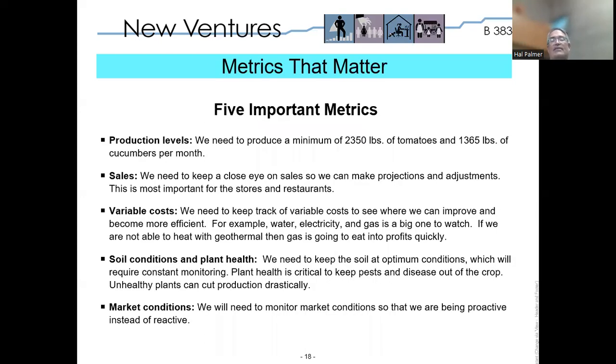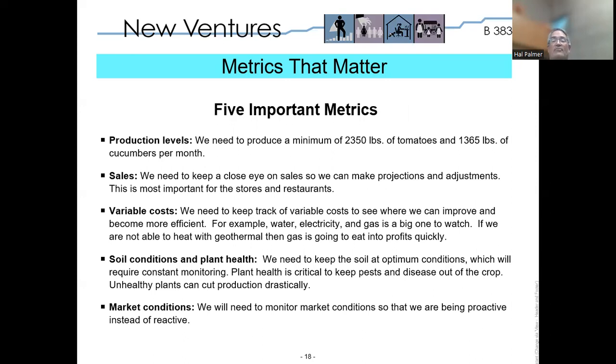All right. So as any business goes along, it's good to measure different aspects. And if you're not measuring, you don't know how you're doing. So I have identified 5 metrics to help me know how the business is doing.